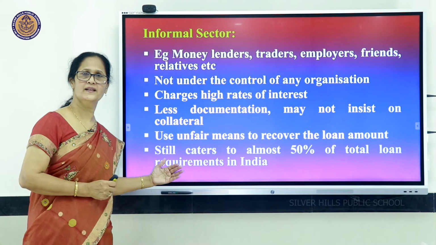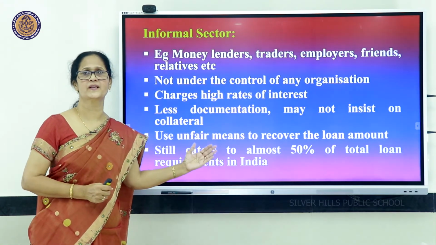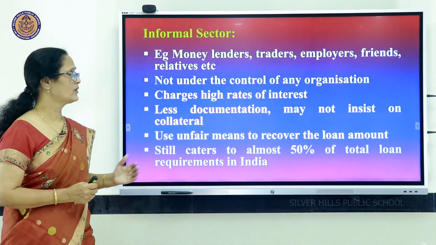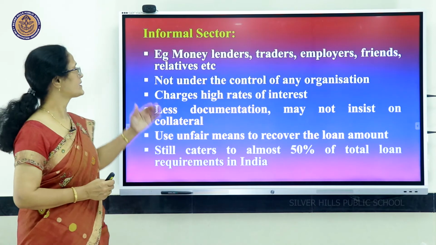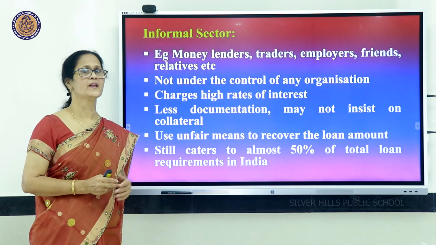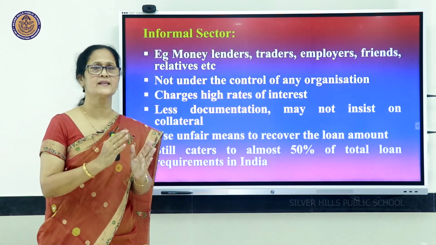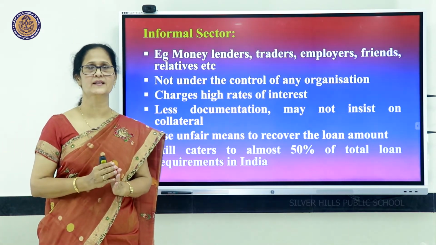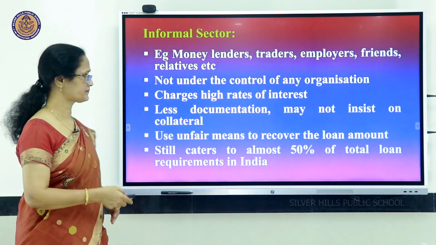And even in the 21st century, it covers almost 50% of the loan requirements of people in India. So, these are the features of informal sector credit. And if a question comes to distinguish between formal sector and informal sector credit, please remember to put them in columns.